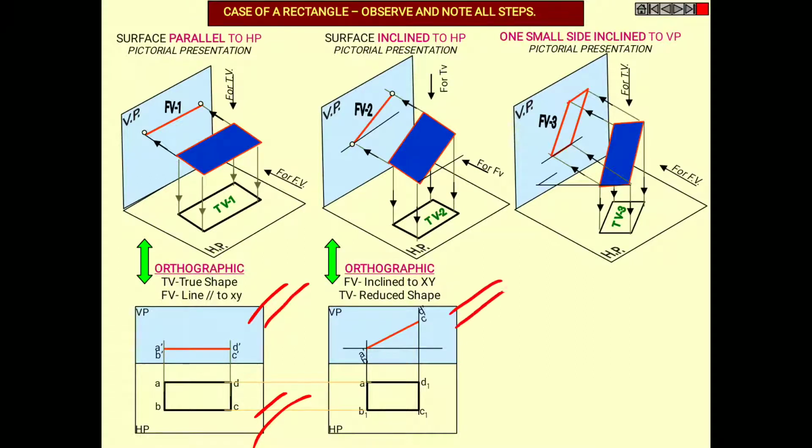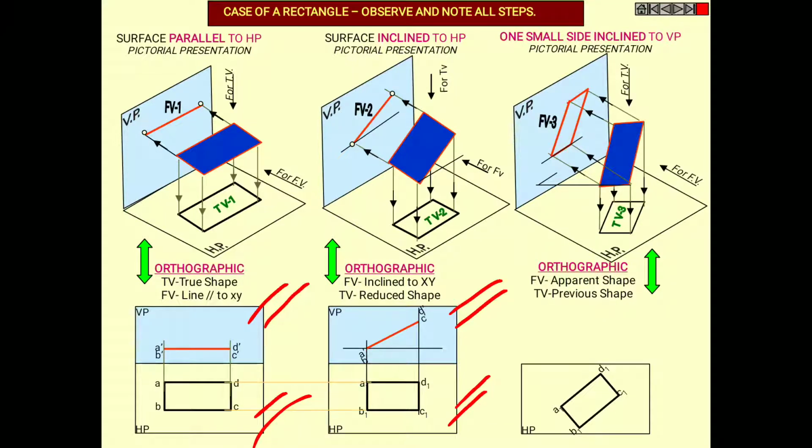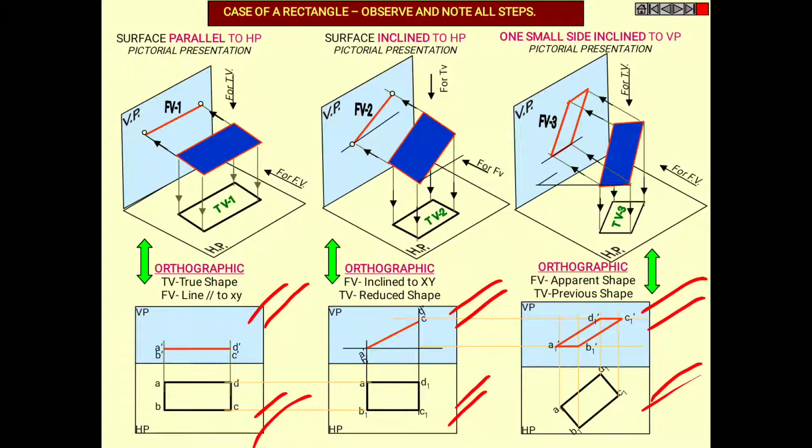This is your front view and this is your top view. The orthographic views in the third case look like a quadrilateral in both the sections, as in your top view as well as front view. This is your front view and this is your top view.